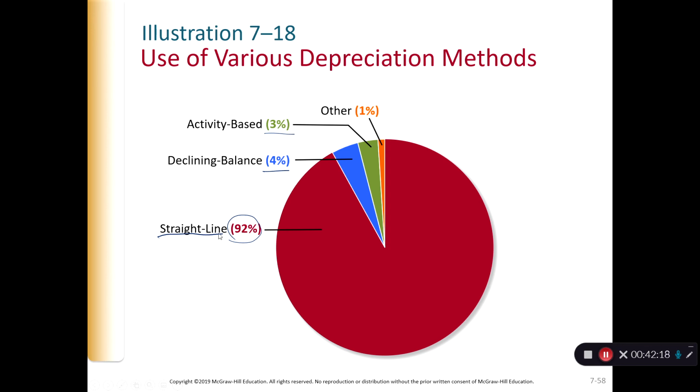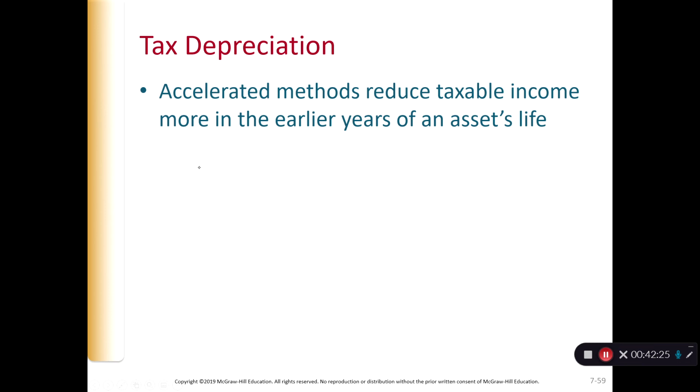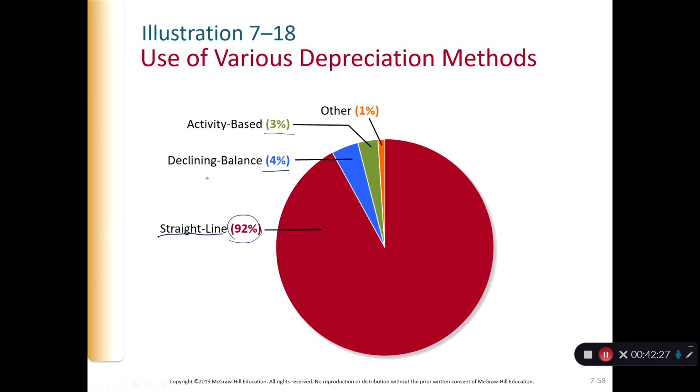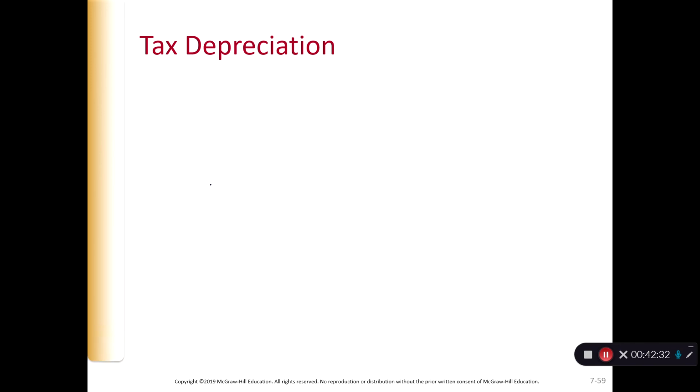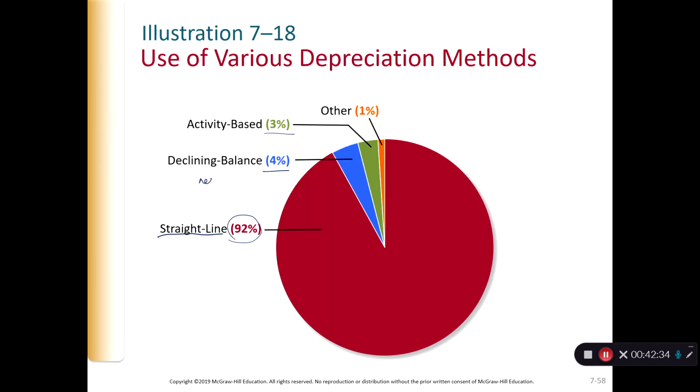In another way, under the double declining method, the net income is smaller than this net income, right?